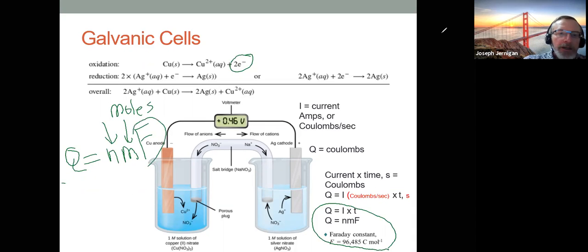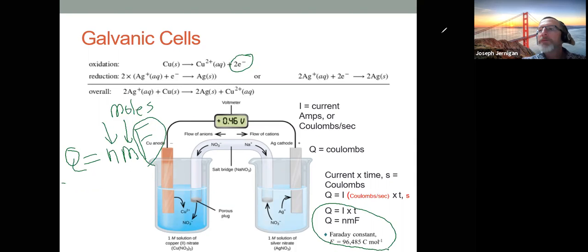And then F is a constant. Mr. Faraday, thank goodness, figured out for us how many moles I can get for my coulombs. So he gave us this conversion factor, if you will, to get from coulombs to moles. F is equal to 96,485 coulombs per mole.